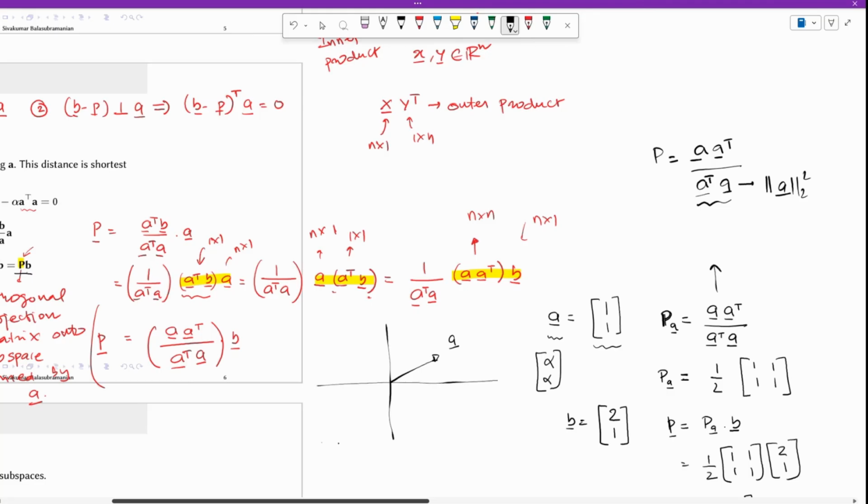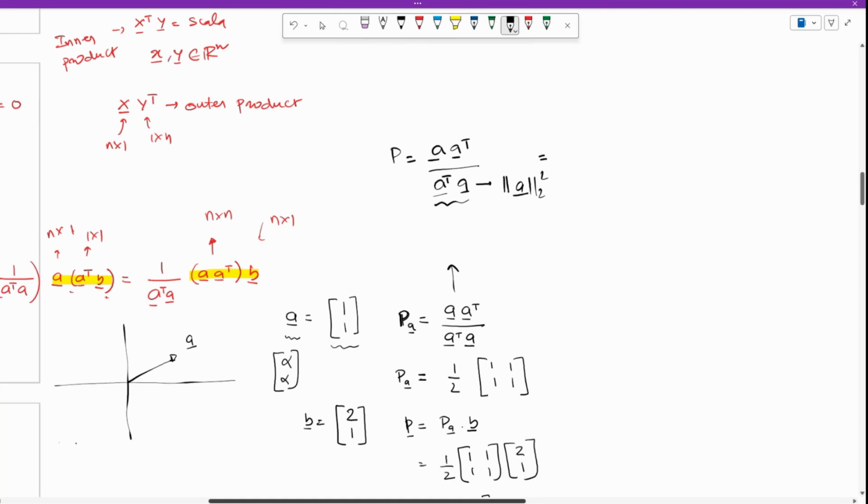That means if you replace the denominator with the square of the second norm, the square of the Euclidean norm, you can separate that out and write it like this. Because this is a vector multiplied by a scalar, and we are taking the transpose, we can write the whole thing as A divided by its norm.